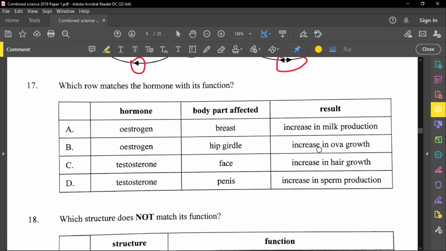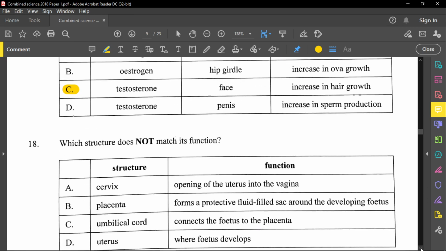That is not true. Testosterone deals with the face, yes, and its increase in hair growth, which is a true statement because in males they will grow facial hair, definitely. So this will be a correct answer. Testosterone deals with penis, increase in sperm production. Yeah, but it does not affect the penis, it affects the testes. All right, so that is C.